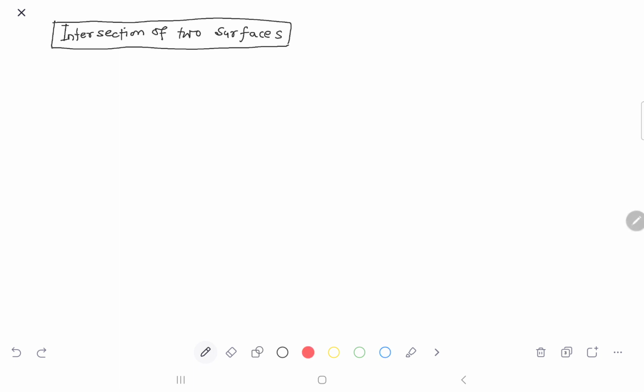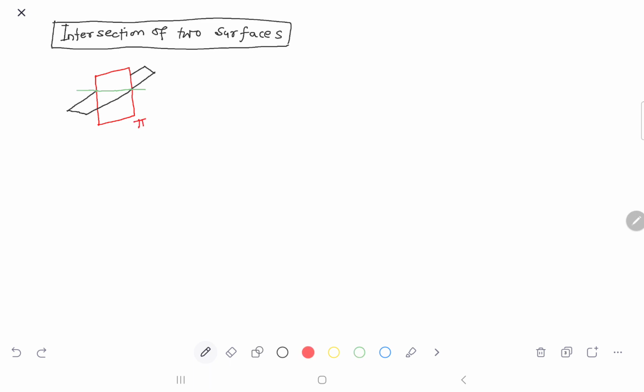For example, if you take two planes and they intersect, then what do you get here? If they intersect, then they will intersect through a line, right?